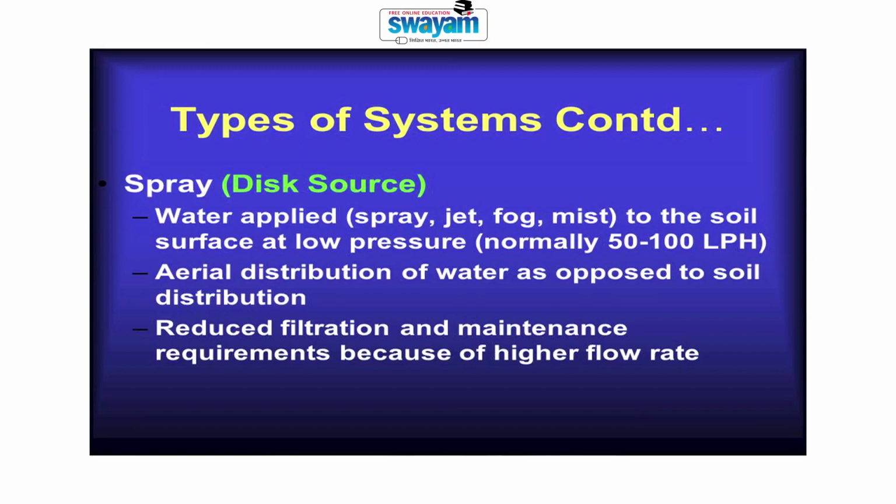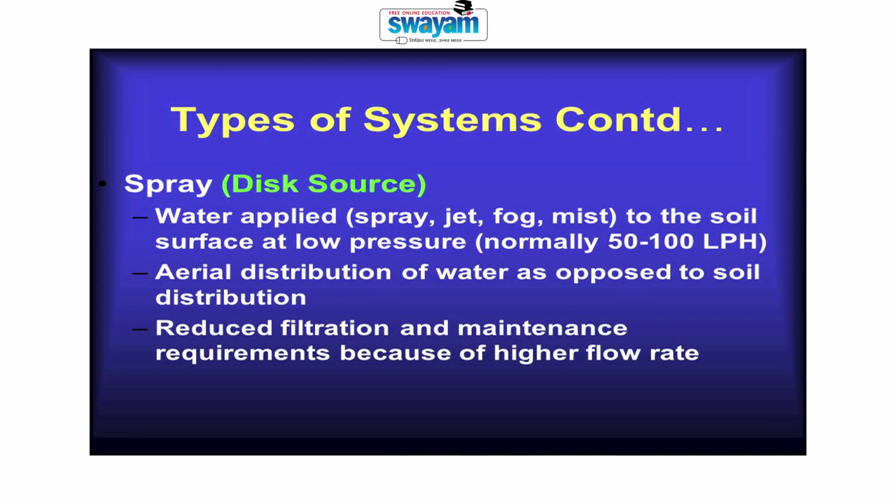Another type of drip system is a disk source, where water is applied as spray, jet, fog or mist to the soil surface at a low pressure, normally at a rate of 50 to 100 liters per hour. You have an aerial distribution of water as opposed to soil distribution.